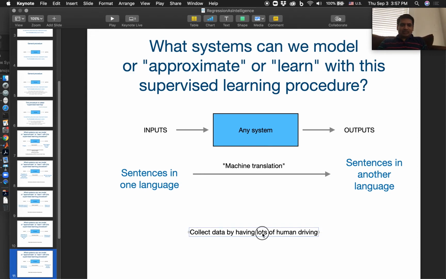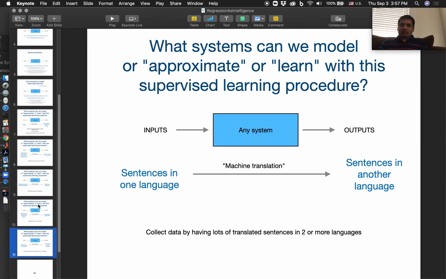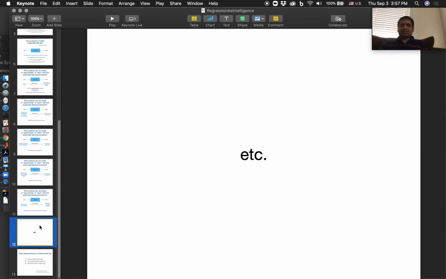So this is not by having lots of human driving, but having lots of translated sentences. Right? So the same sentence expressed in different languages. That's the kind of data that you would need for something like this. Okay, etc.